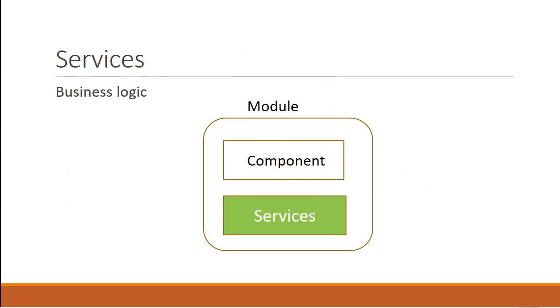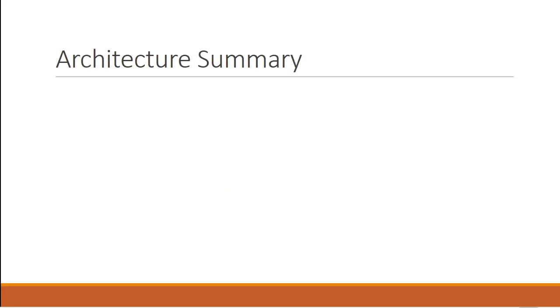A module will also have services, which is basically a class that contains the business logic of your application. In addition to components and services, a module can contain a few more pieces of your Angular application, but for now, components and services will be something we will be focusing on a lot in the series. So, to summarize this architecture, Angular apps contain one or more modules.